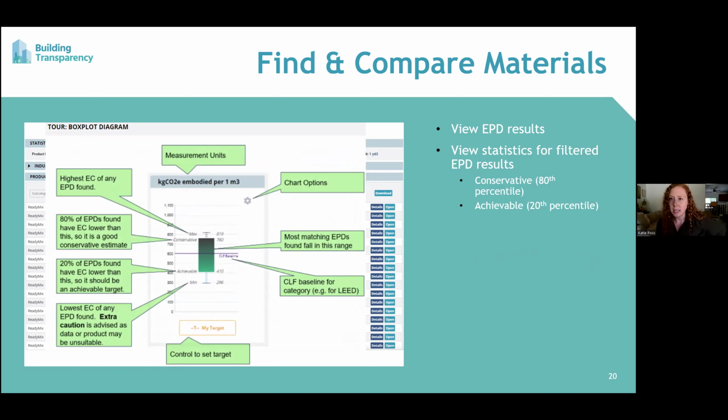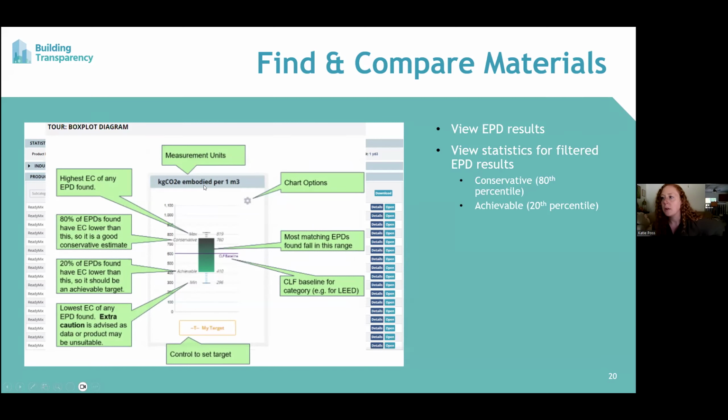So when you conduct any search, such as: I want to know what are all of the product-specific EPDs in the state of Washington for ready-mix concrete for 4,000 PSI mixes. When you enter those search terms or that criteria, one of the results will be this box plot and whisker diagram. So I want to walk you through how to interpret this.